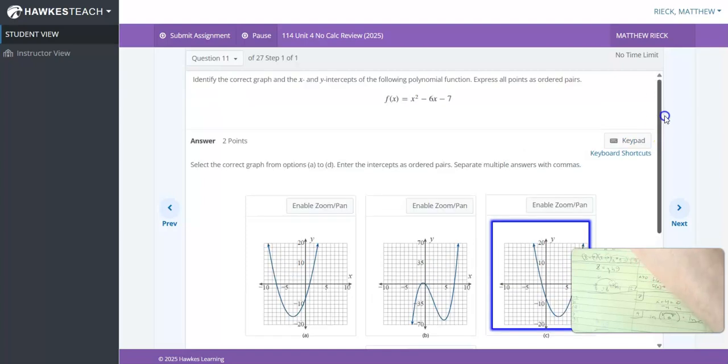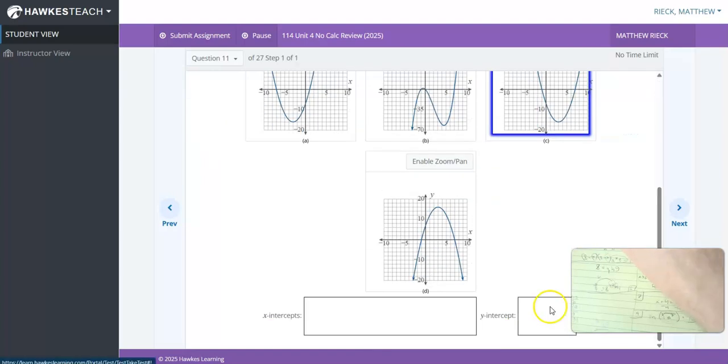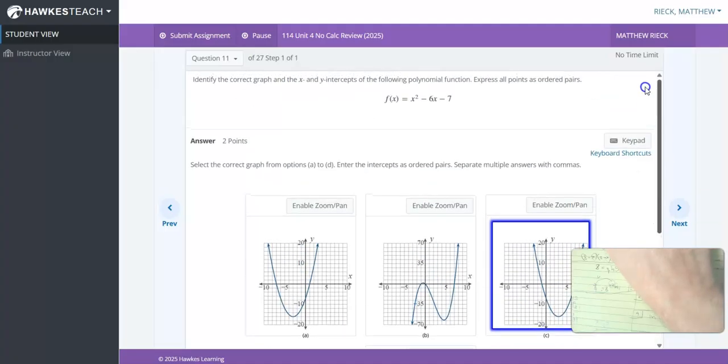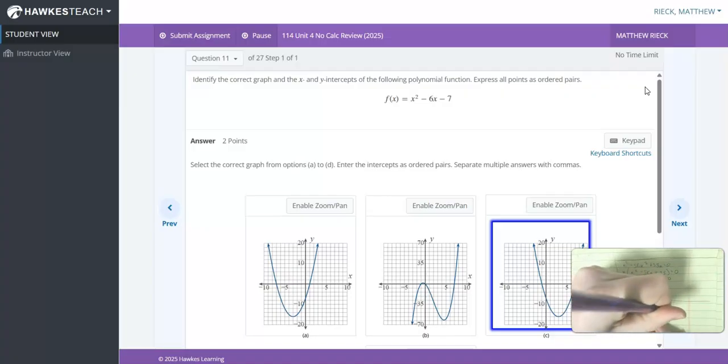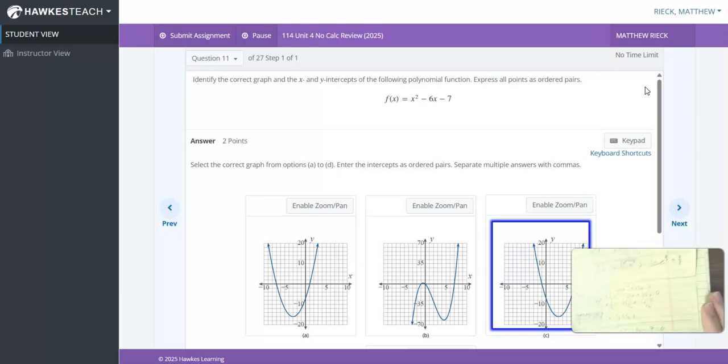Your y-intercept is going to be 0, negative 7. Again, your y-intercept is whatever your constant term is. Here we have x squared minus 6x minus 7. Your x-intercepts are going to be where that equals 0, so x squared minus 6x minus 7 equals 0.